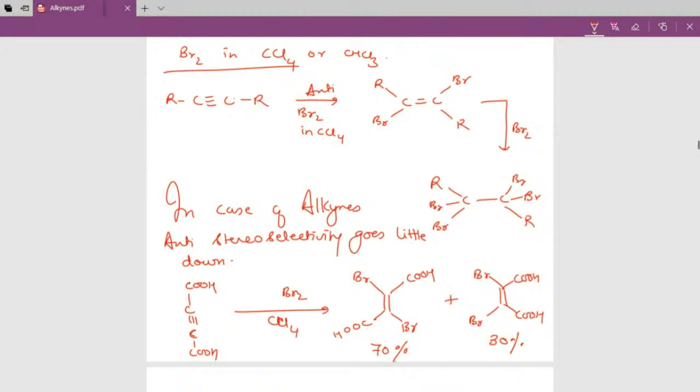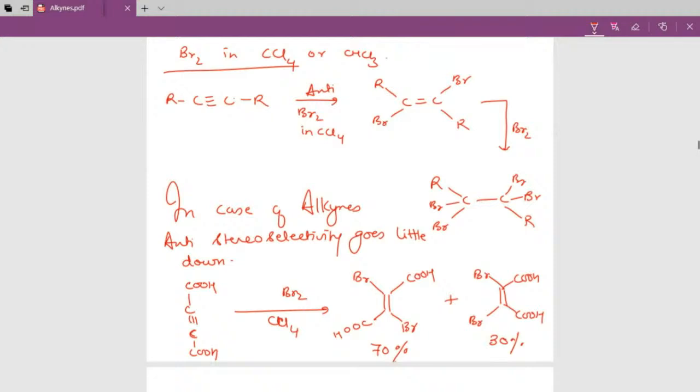So this anti-addition of halogen, stereoselectivity in case of normal alkenes, say butene, propene, pentene, cyclobutene and cyclohexene, is very high. Even in styrene, almost 90 to 100% anti-addition is observed.